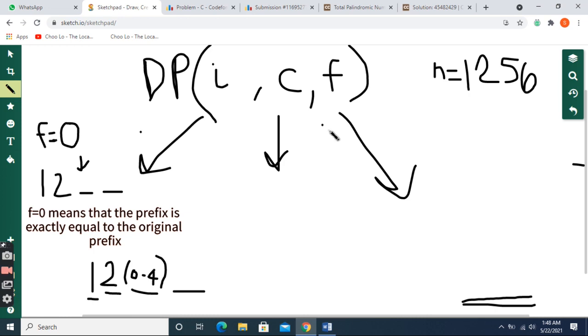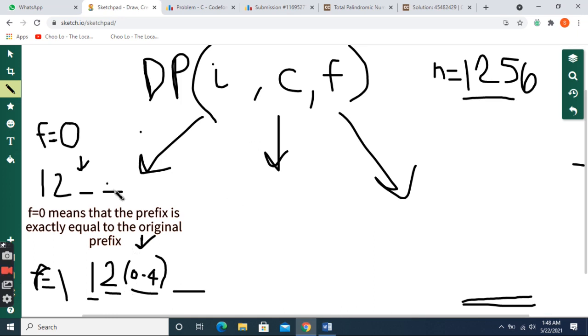My I will just become I plus 1. My C will become C plus 1 if I have filled a non-zero digit, and it will remain C if I have filled a 0 digit. That is obvious. But now my flag will become 1. Why? Because now I have this position where my prefix is strictly less than my original prefix if I fill a digit 0 to 4. So this is my transition in the first case.